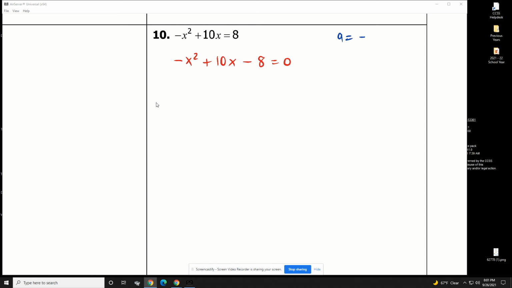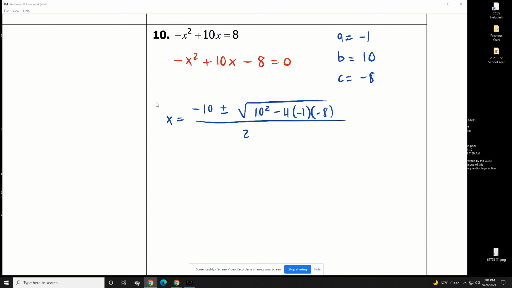A is -1, B is 10, and C is -8. So here we go. x equals -b plus or minus the square root of b squared minus 4 times a times c, and all of this is divided by 2 times a.